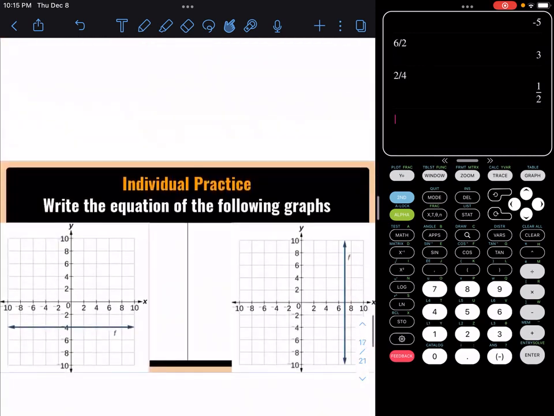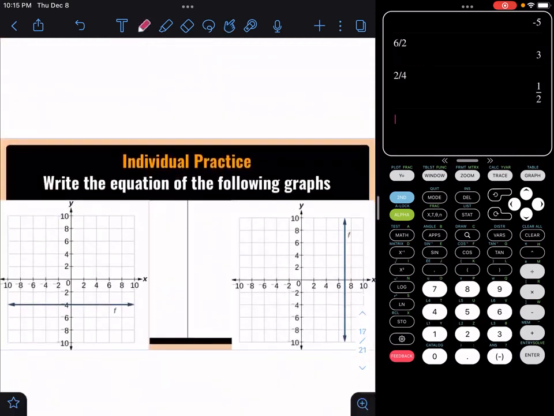Alright. Now, what are the equations of these graphs? Here I see we're going through the point y equals -4. So that is literally my equation. And here I'm going through this point right here, which is at -4, and that's on the x-axis.